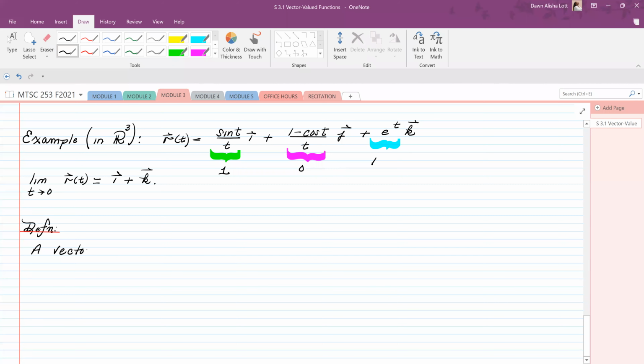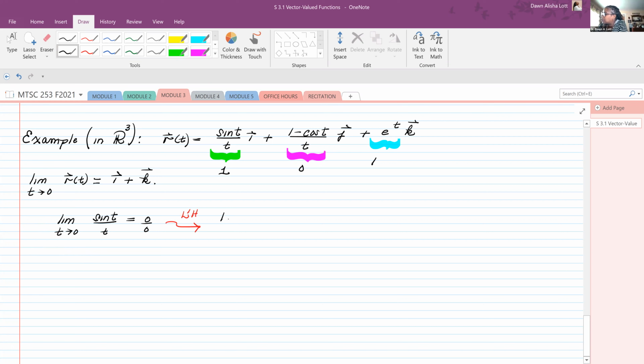Wait, I just got one more question. So the sine t over t, how did you get 1 for that one? Aha, okay. So I did the limit as t approaches 0 of the sine of t over t. And that gave me 0 over 0. Oh yeah, and then you do L'Hopital's rule or something like that? Yep, L'Hopital's rule.